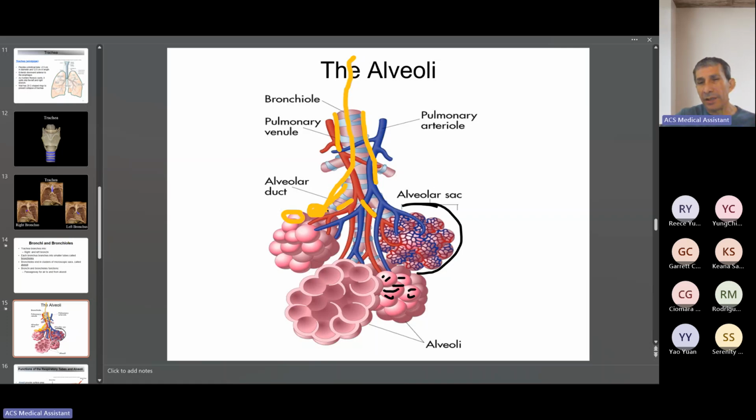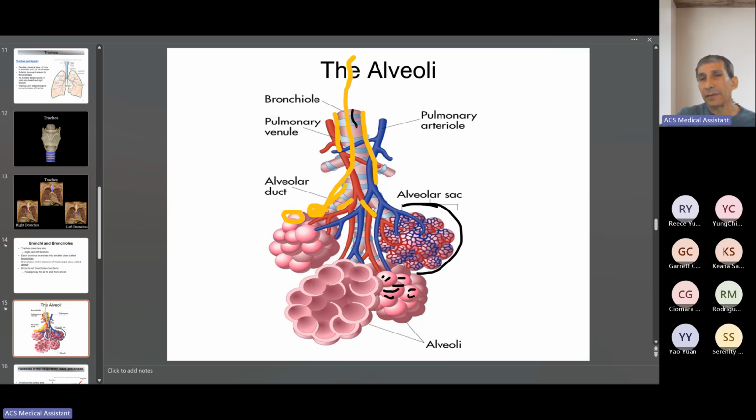See, you have veins and arteries. Because the blood is the one that is going to pick up oxygen and is going to drop carbon dioxide through these membranes. So that's basically how it is.